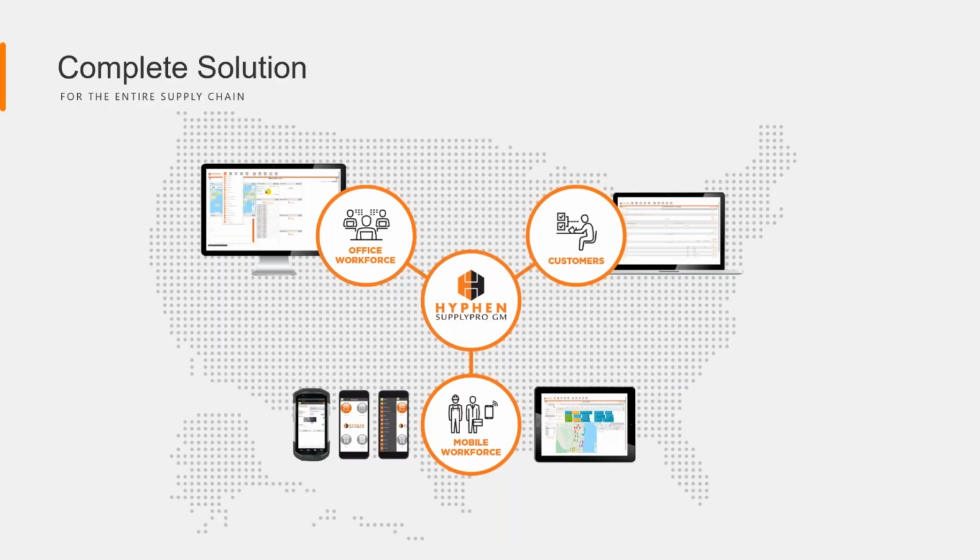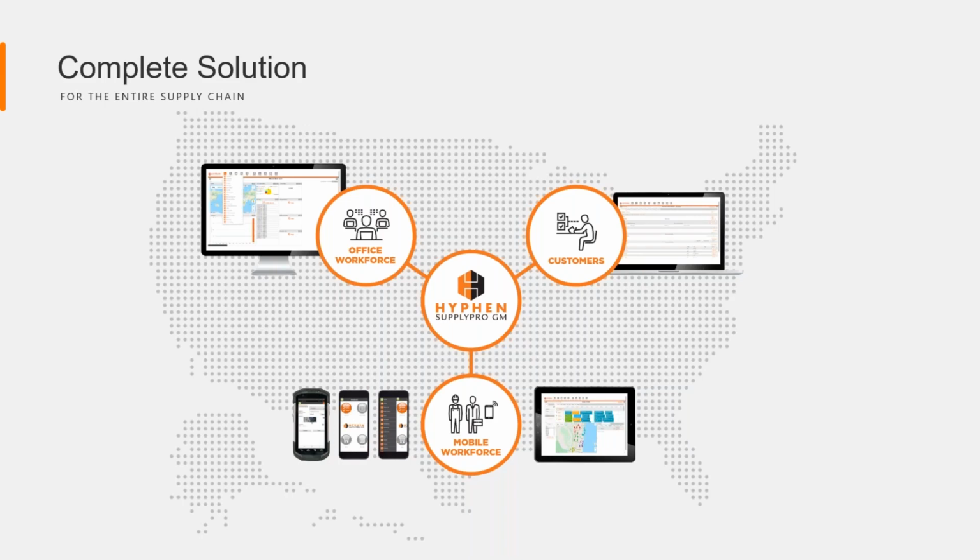So today we'll be looking at the Hyphen SupplyPro GM, and this is not SupplyPro, but an extension to SupplyPro. Being that you're on this webinar today, you're probably working in SupplyPro daily, looking up new purchase orders, new tasks, change orders, schedule updates, and communicating with your builder, utilizing SupplyPro as a portal.